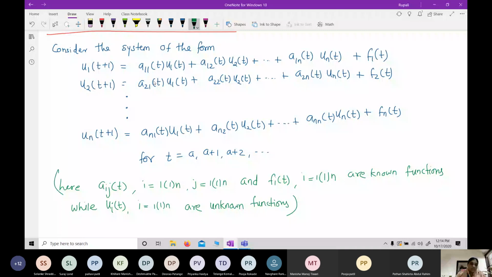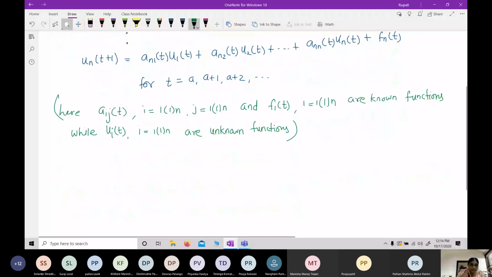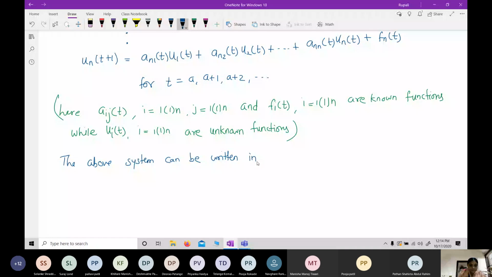Now this system, if I want to write in equivalent matrix form, how I can write? You already studied in linear algebra. The above system can be written in an equivalent matrix form as follows.